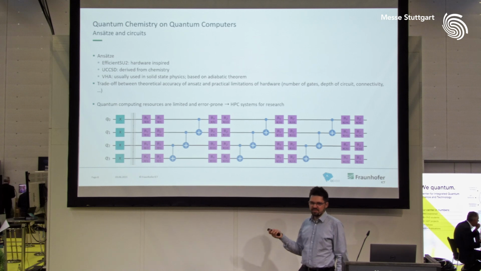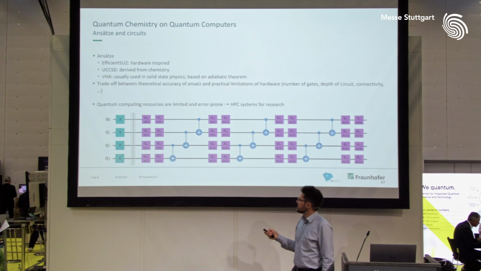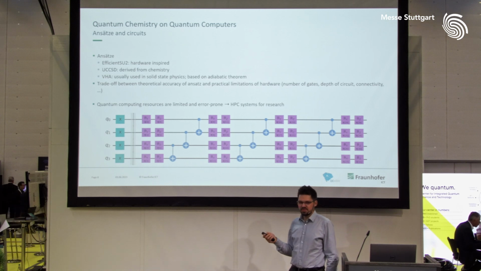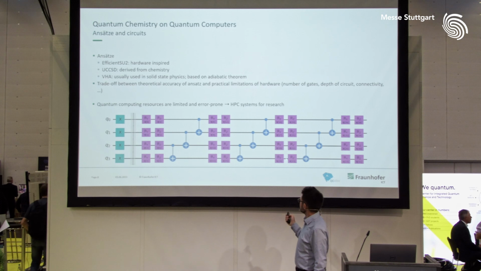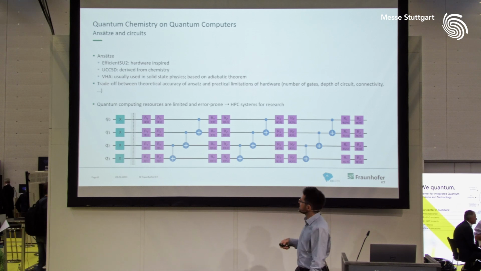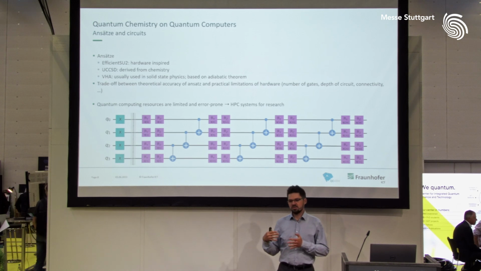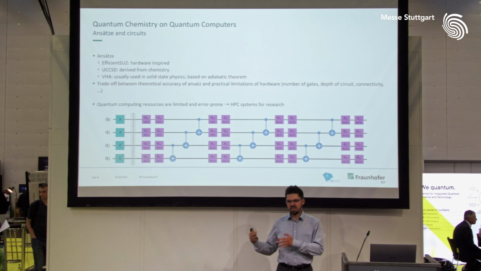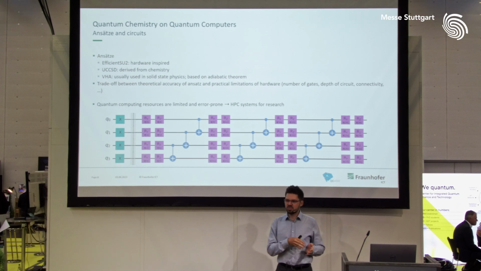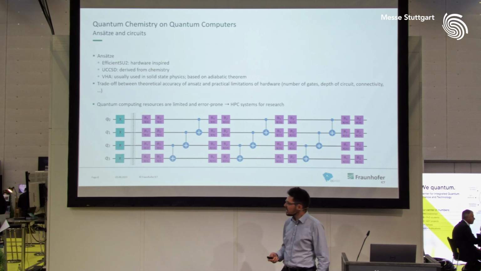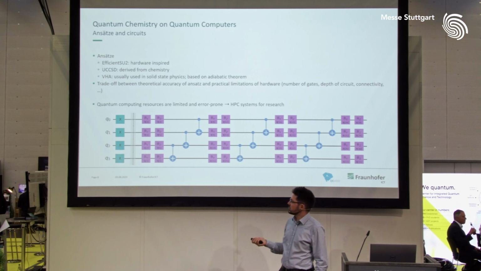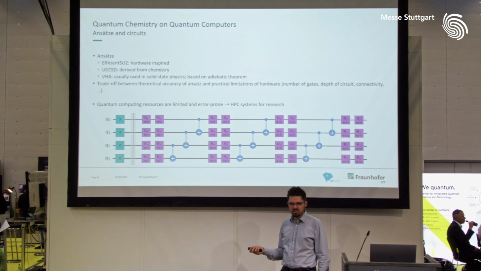Entanglement is, as you know, the magic which makes the quantum computer superior to the classical computer. And with all this stuff repeated a couple of times, the hope is to represent the part of the Hilbert space in which the solution of this quantum chemistry system is. There are lots of different approaches to build this quantum circuit.